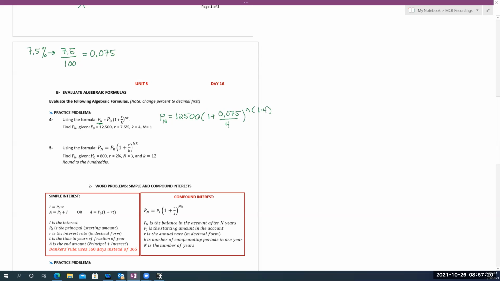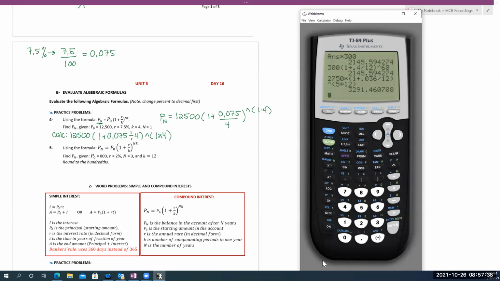So typing that in your calculator, it's going to be 12,500 times 1 plus 0.075 divided by 4, caret 1 times 4, or just the 4, whichever one you want to write. So you get that answer.